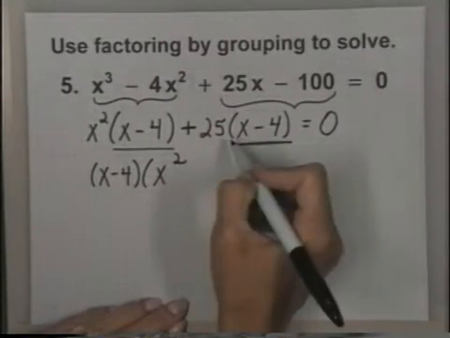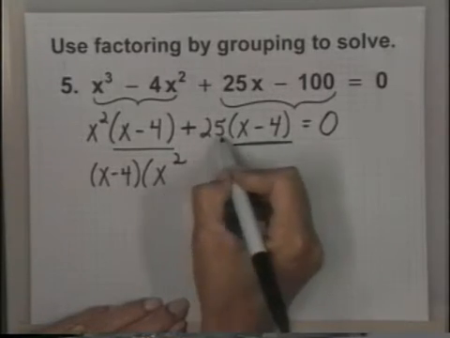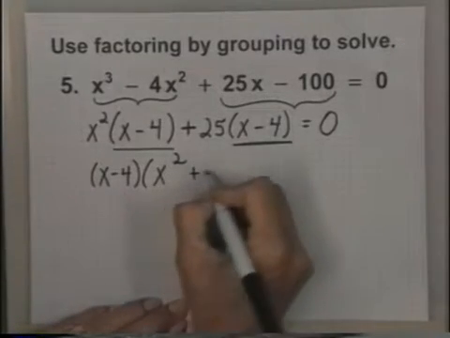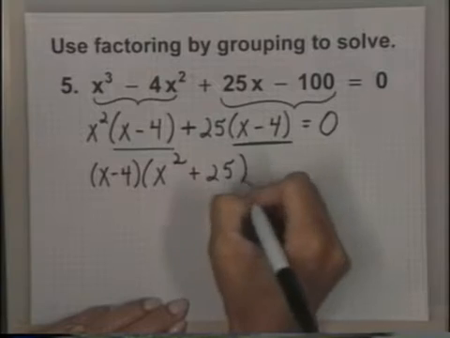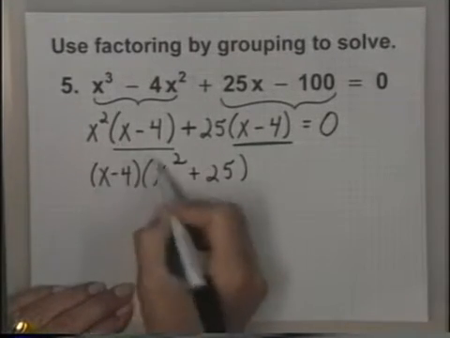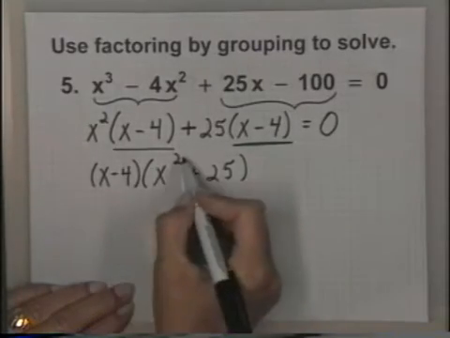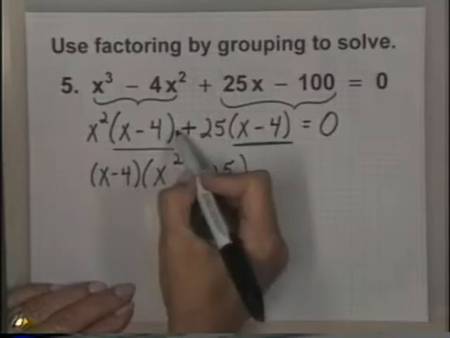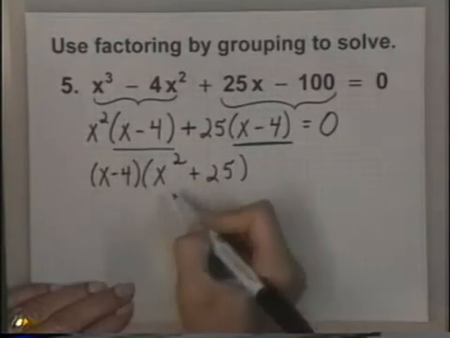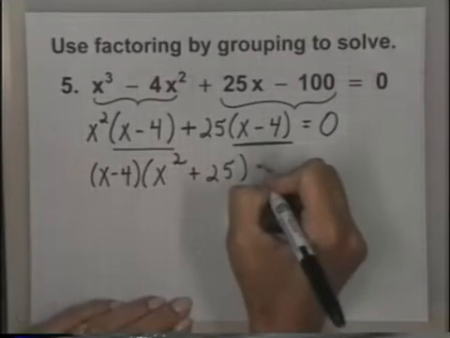And in this second term, what do we multiply x minus 4 by to get 25 times x minus 4? Well, obviously, it is a positive 25. Remember that if we multiply back, we should be able to get this. And x minus 4 times x squared gives us x squared times x minus 4. And x minus 4 times 25 gives us 25 times x minus 4.